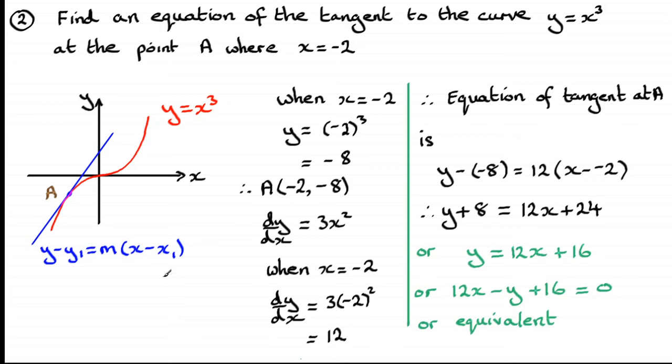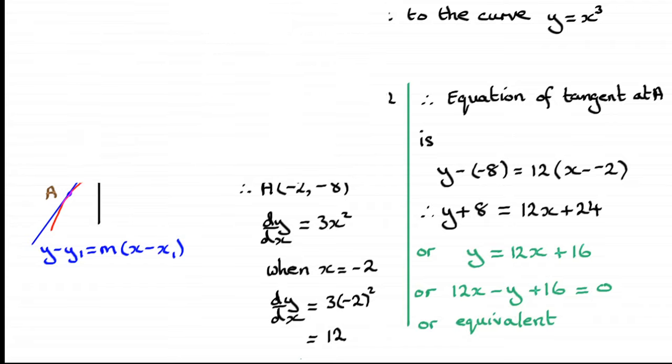And along with m being 12, substitute that in and I get that as an equation of the tangent. And it's up to you whether you want to simplify it further in the form y equals mx plus c, or as I said earlier, ax plus by plus c equals 0. Okay, we're coming on to the next one.